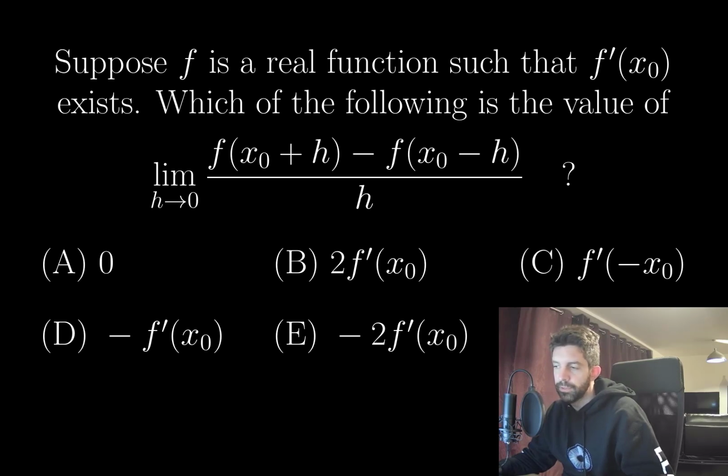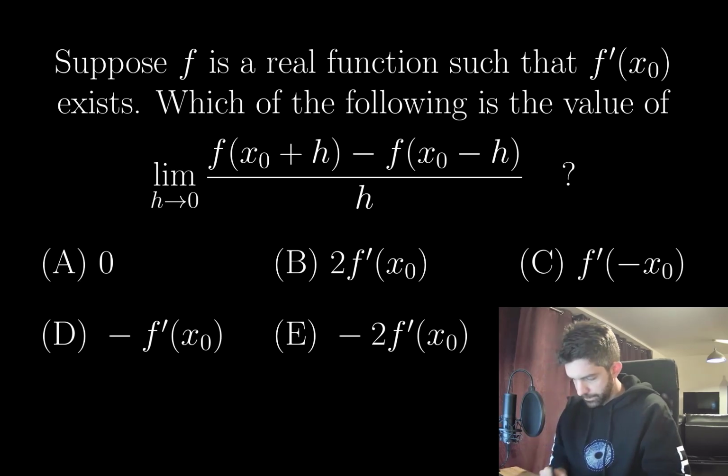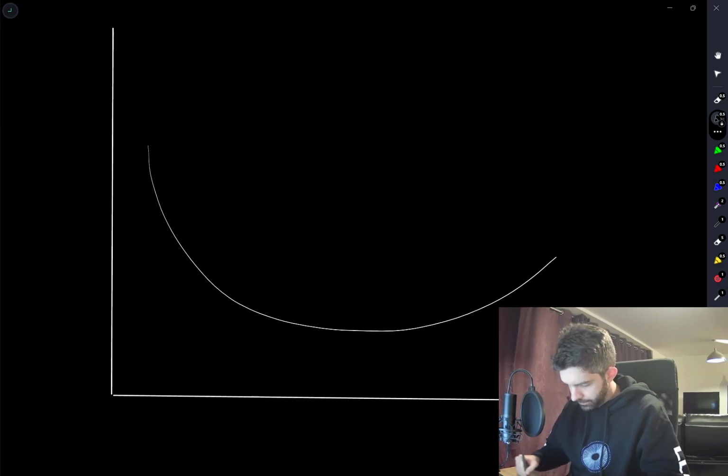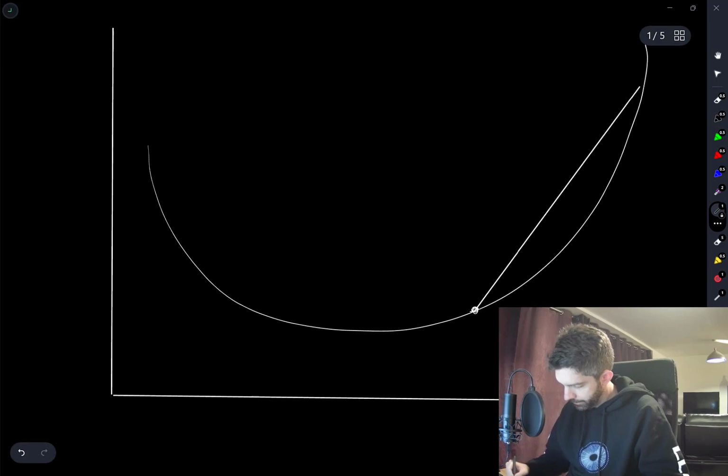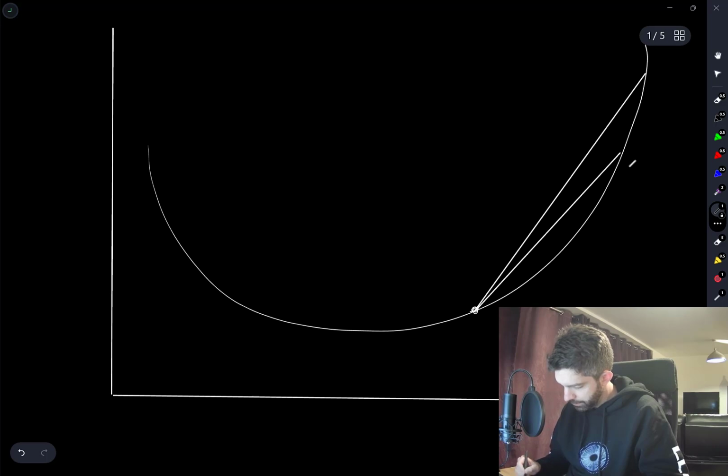If you think of the derivative as a limit of slopes of secants, then typically the way we think of a derivative at a point like this is I take a limit of slopes of secants that all emanate from the point I'm considering, like that.